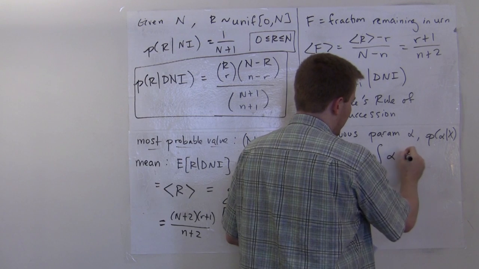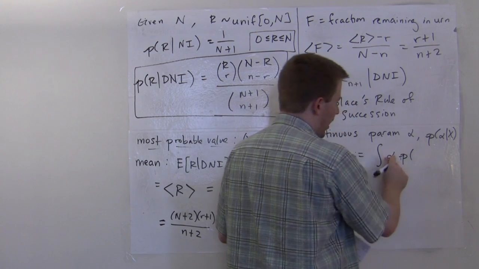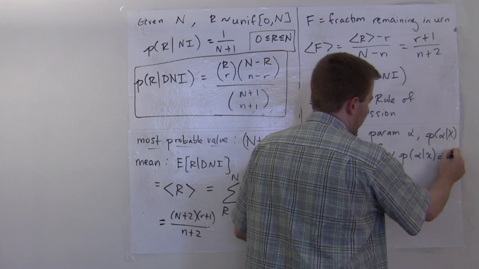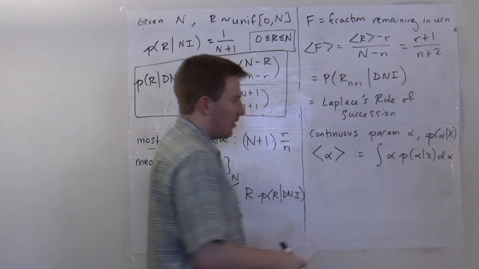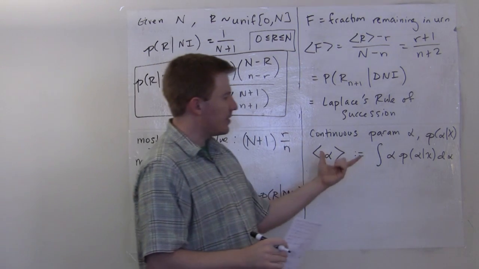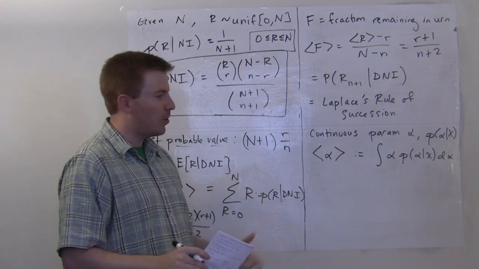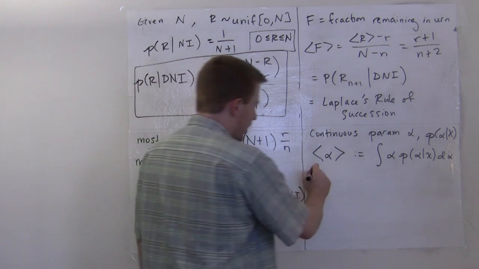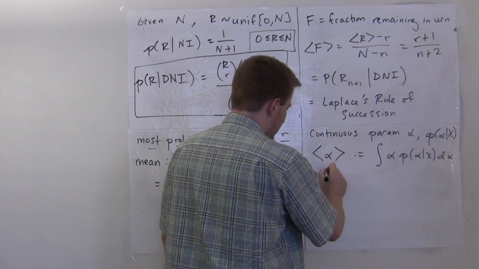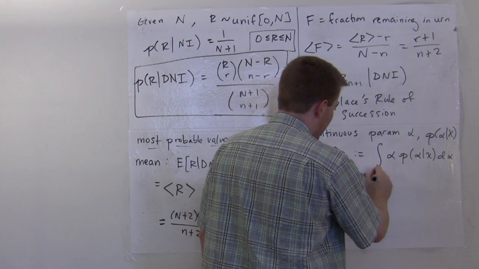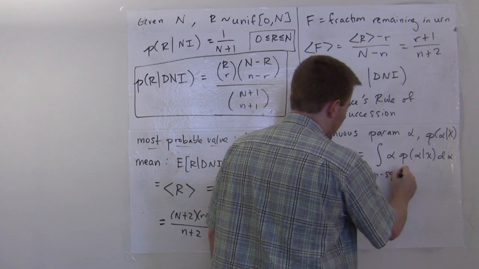So it's going to be the integral of alpha times the probability of alpha, integrated with respect to alpha over whatever domain alpha lives in. And the nice thing about this that Jaynes works through, that might suggest it as a good estimator, is that it actually minimizes what's called the mean squared error. Again, something we talked about a bit last time.